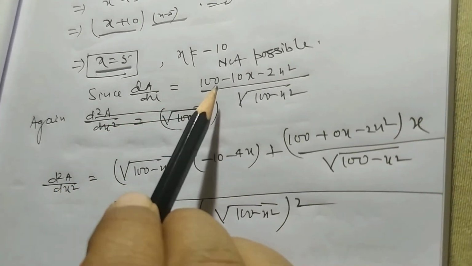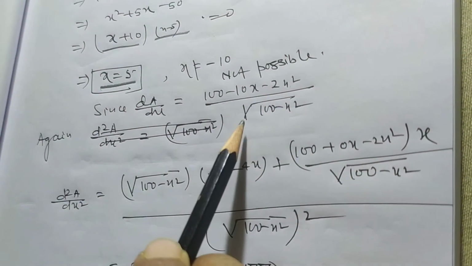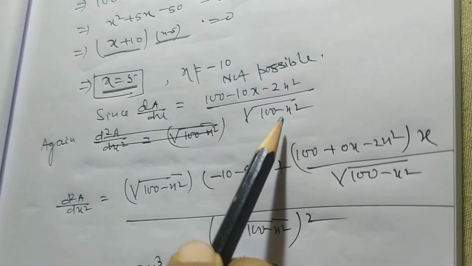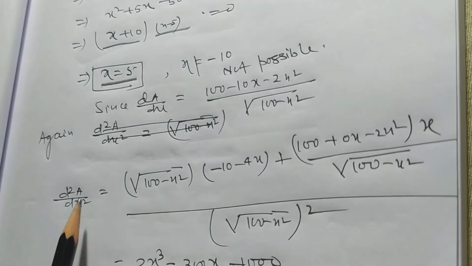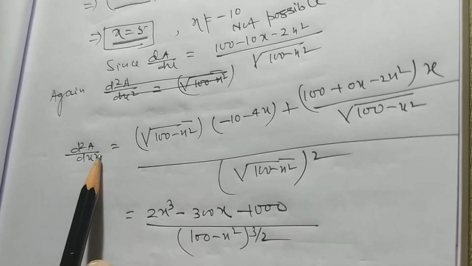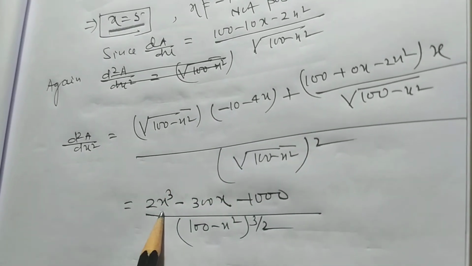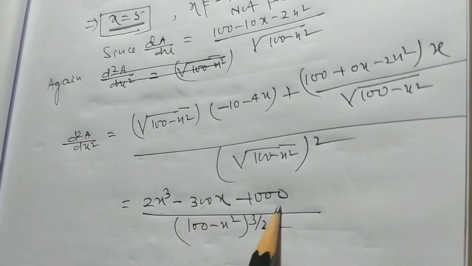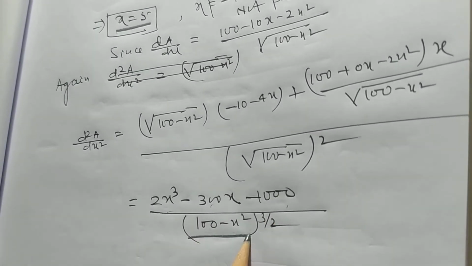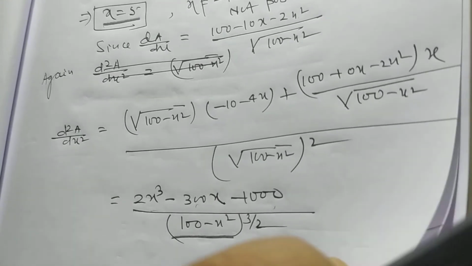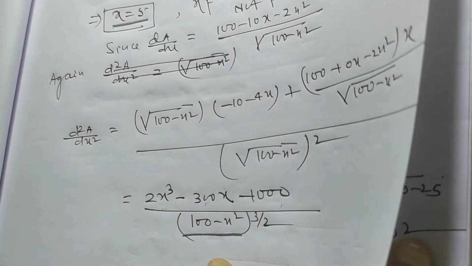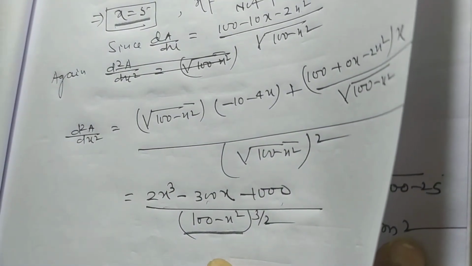Since dA by dx is equal to 100 minus 10x minus 2x square divided by root over 100 minus x square, after differentiating again, d2A by dx square, and solving, we get 2x cube minus 300x minus 1000 divided by 100 minus x square whole to the power 3 by 2. This step you must do 2 to 3 times.